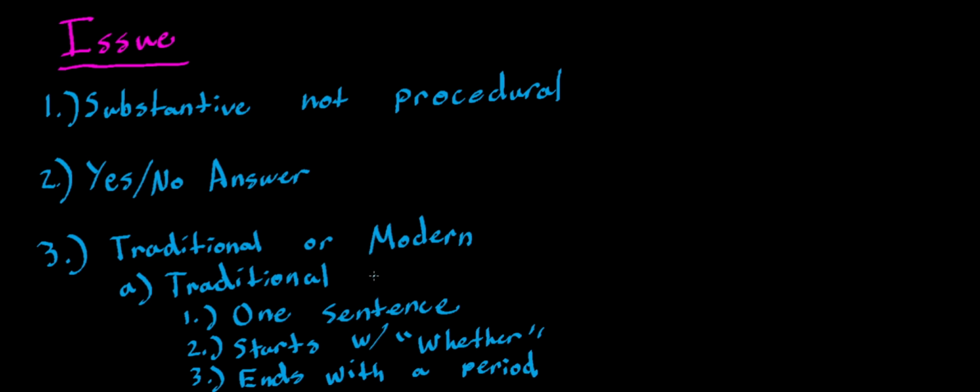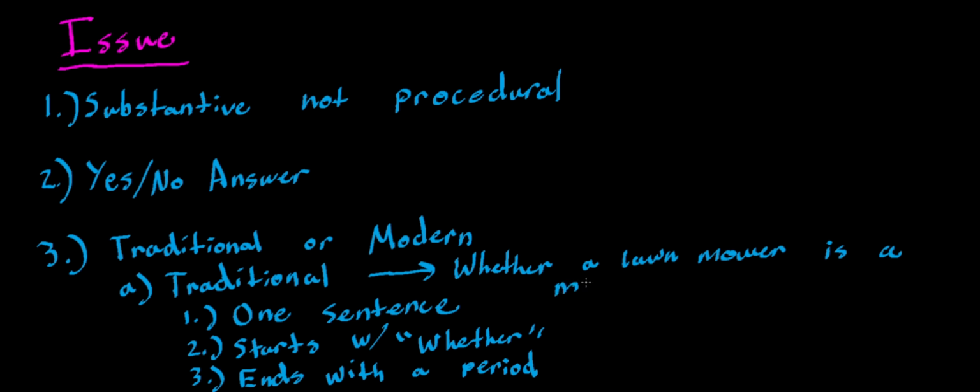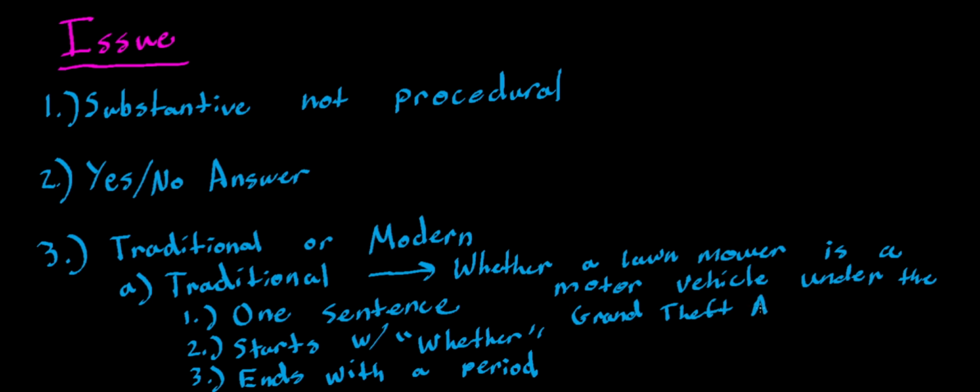Going back to our motor vehicle example, a traditional issue statement would be something like: whether a lawn mower is a motor vehicle under the Grand Theft Auto statute.